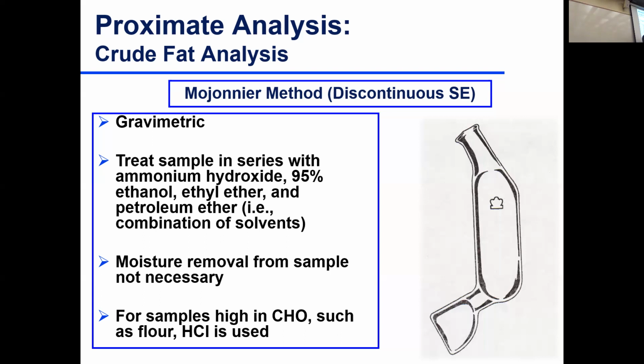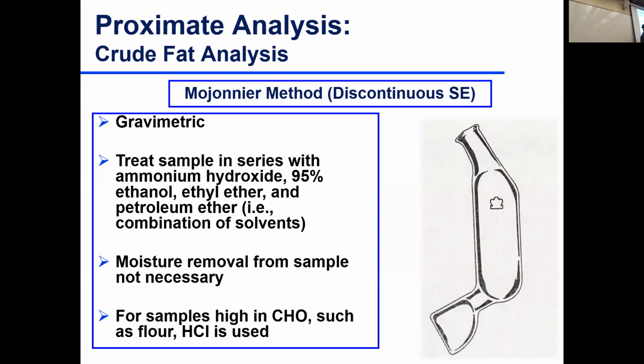For samples that are high in carbohydrates, we do a digestion step, such as your samples Cheerios or baby cereal or almonds. Those are not necessarily high in carbohydrate, you have protein in there and fiber. So the HCl helps digest other components so that the fat that is interacting with other macromolecules is released and better extracted by the solvent.